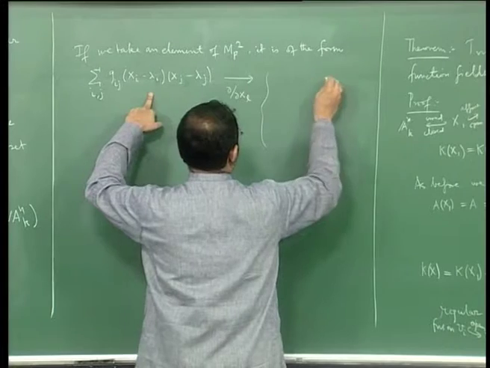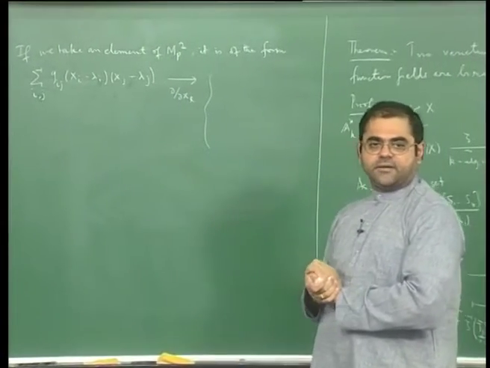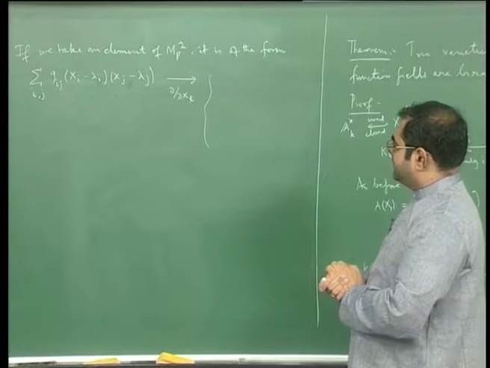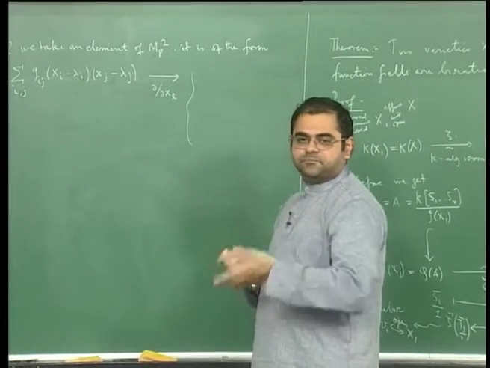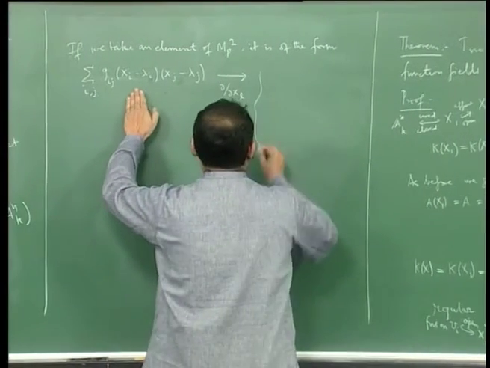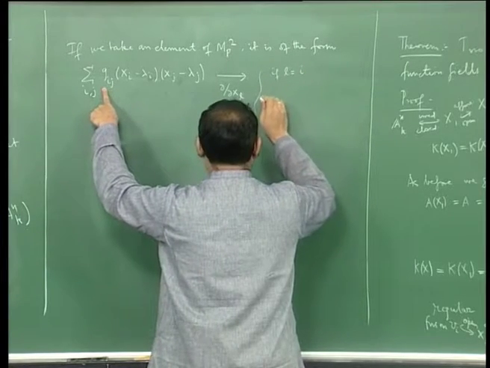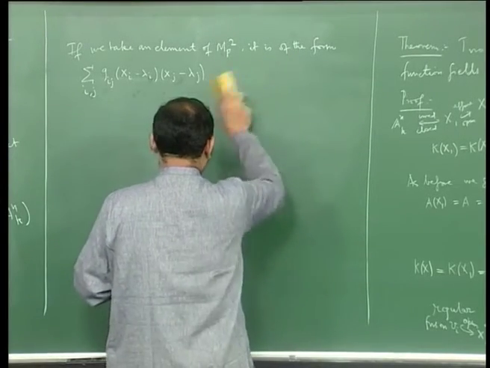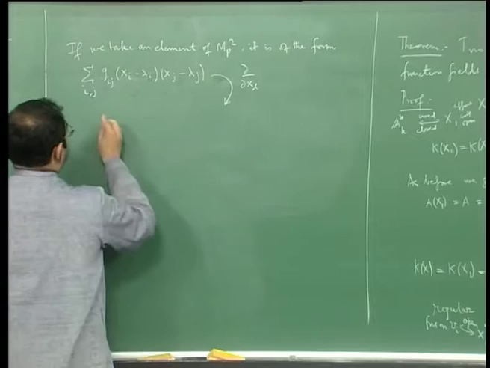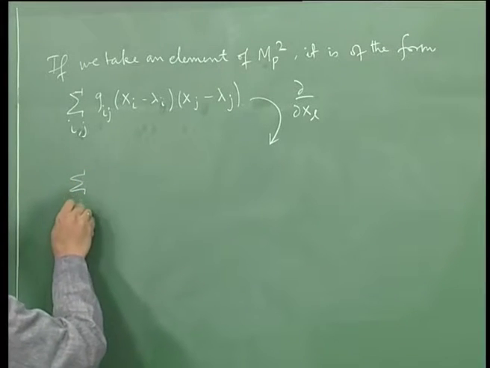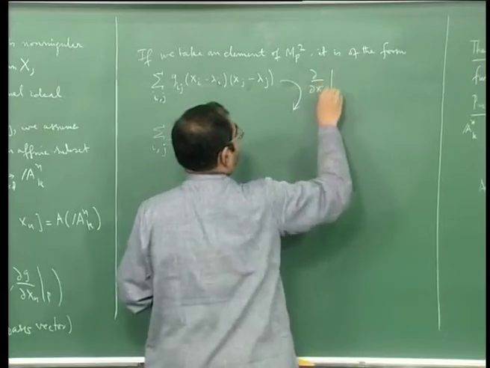I have to differentiate the product of three terms, and therefore you use the product rule, which also is valid in this case, formally. So suppose l is i, then what I will get is sigma i, j, dou gij by dou xl at p, and then I apply p.